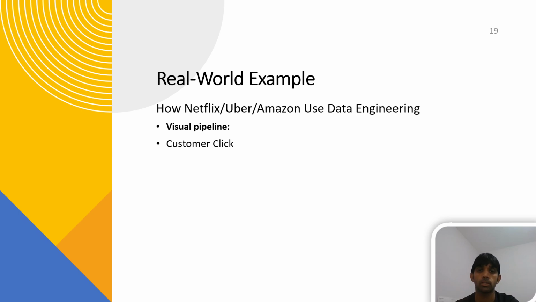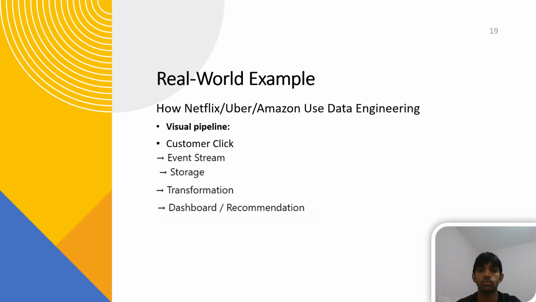So now let's consider a real world example. If you visualize how the previous example is collected, there is an event stream, storage, transformation, dashboard, and recommendation. So this is when the product is bought by a customer.